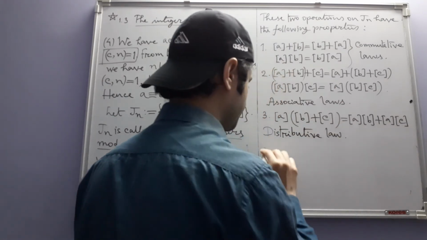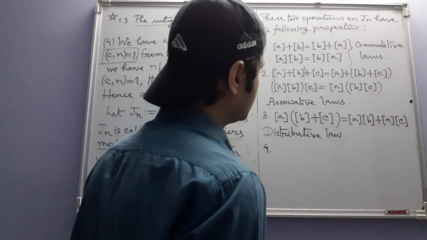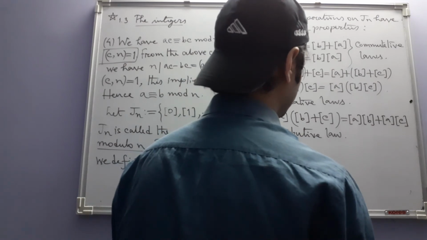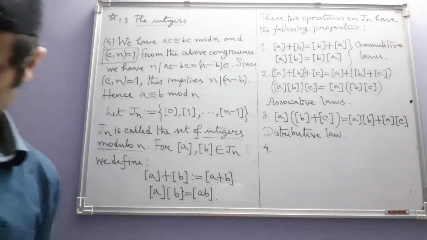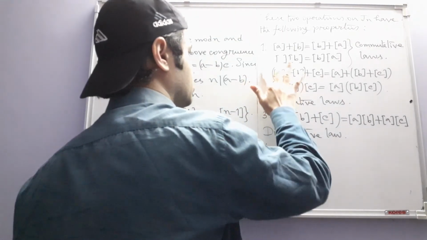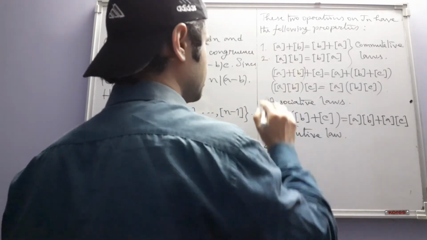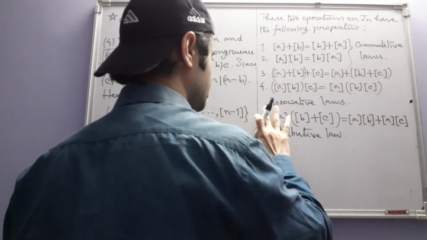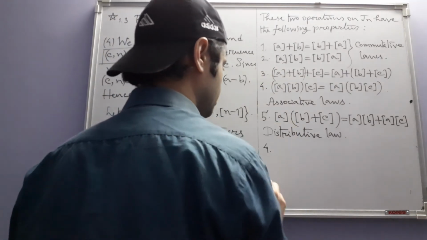Distributive law. Fourth one, identity. Fourth one, fifth one, sixth one. There were more, right? Have I missed something? Oh no. They have numbered these because there were 7, I remember. Numbered these things separately. That's why they got so many. This is the 5th one.